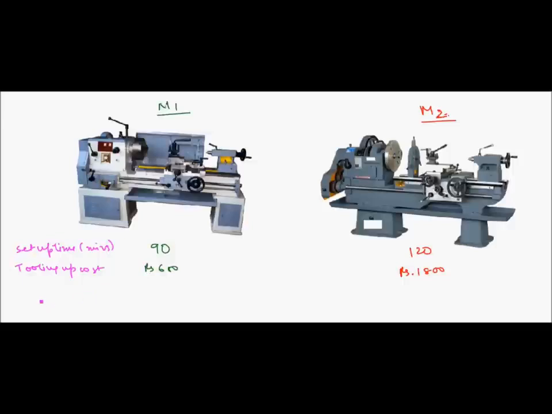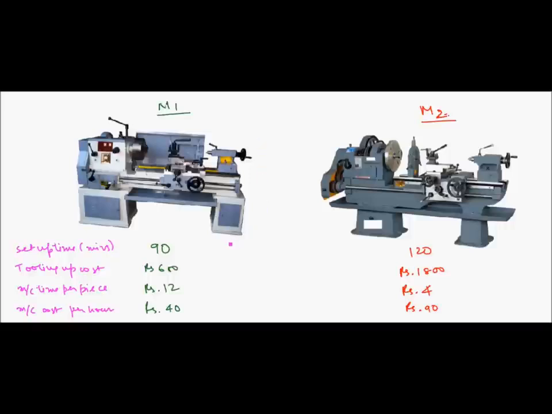The next is the machine time per piece, which is 12 minutes per piece for M1 and 4 minutes per piece for M2. Next is the machine cost per hour. And this is rupees 40 for M1 and rupees 90 for M2.